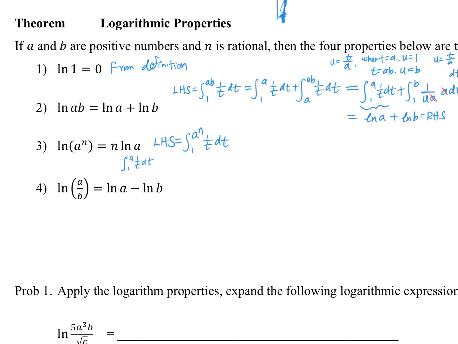Again, I strongly recommend you pause the video and think about how you would do this substitution. Actually, let t be u to the n, or you can think of u as the nth root of t. Either way.